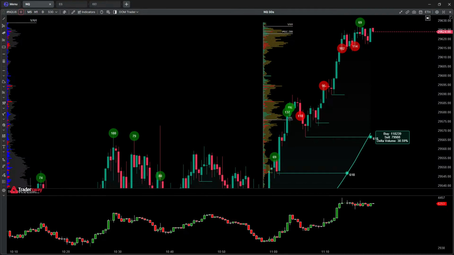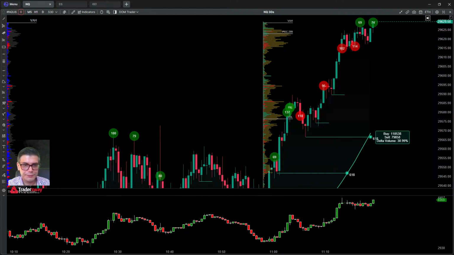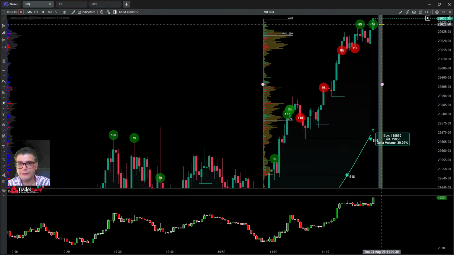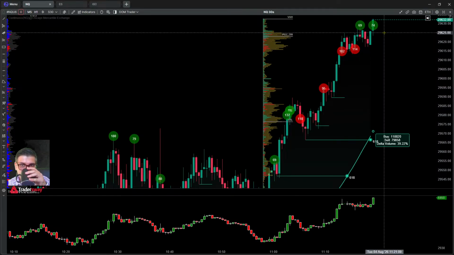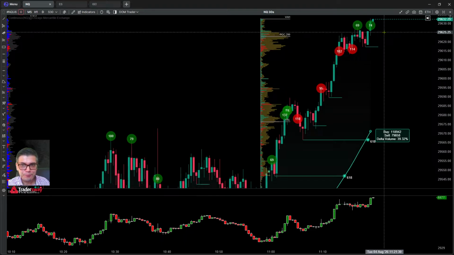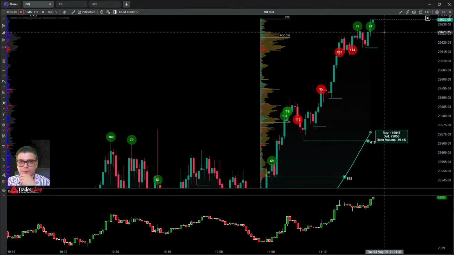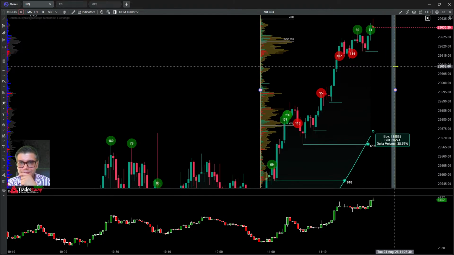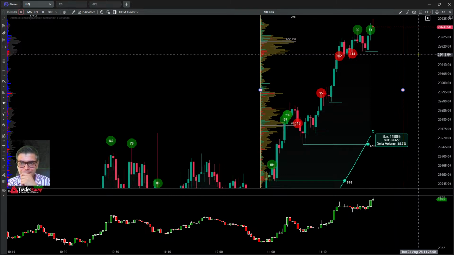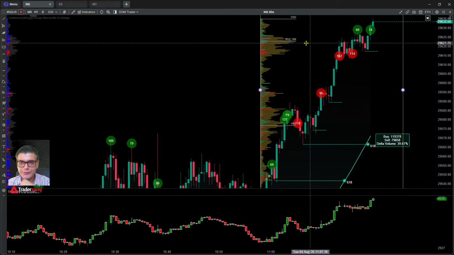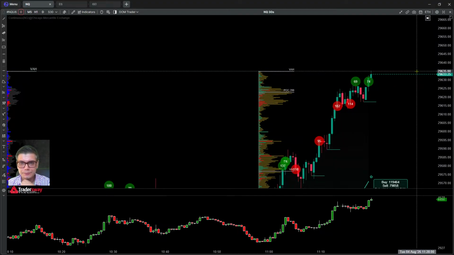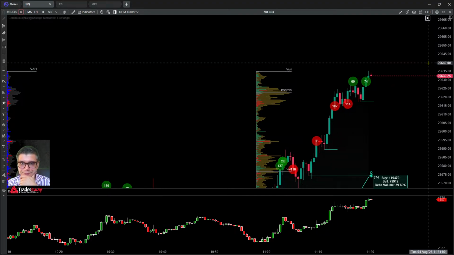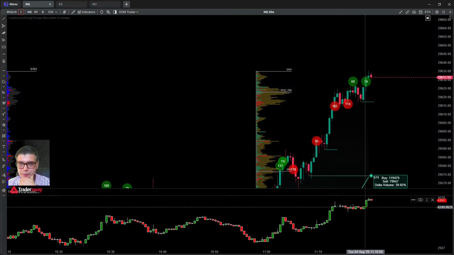Persistence is amazing. 74 contracts long. Now it is distancing from the point of control, so it can go a bit higher. Delta also made a new high.